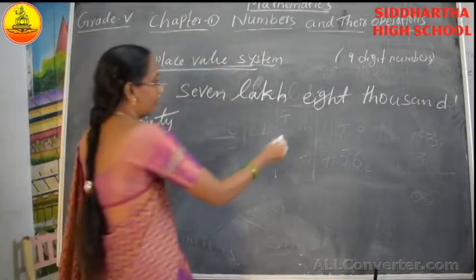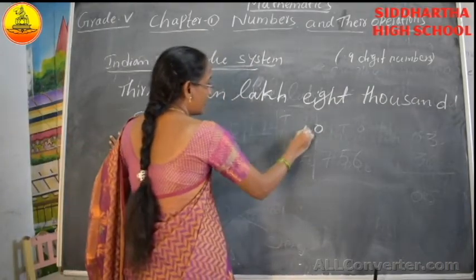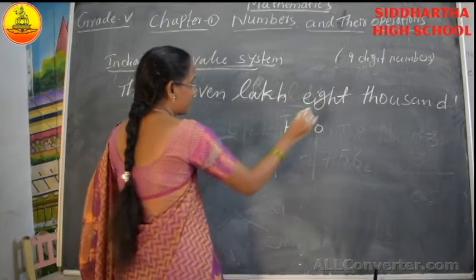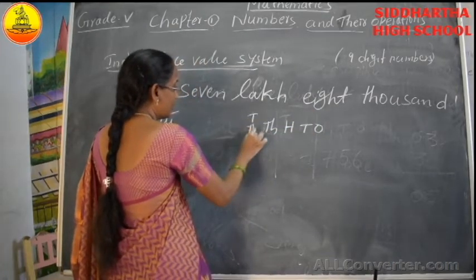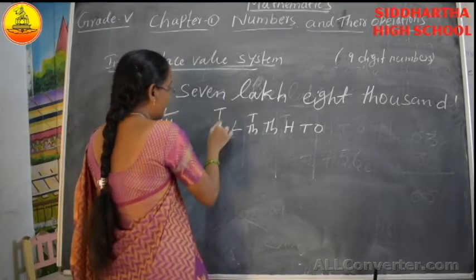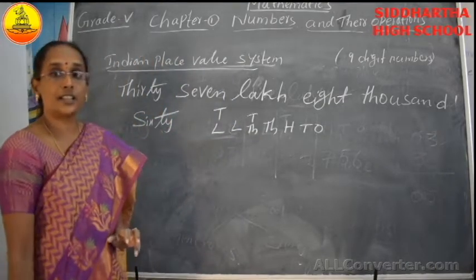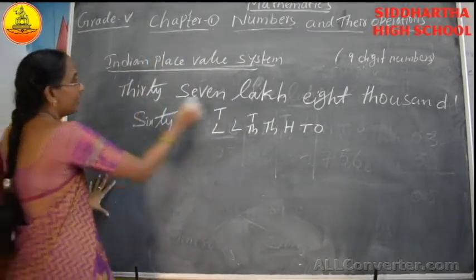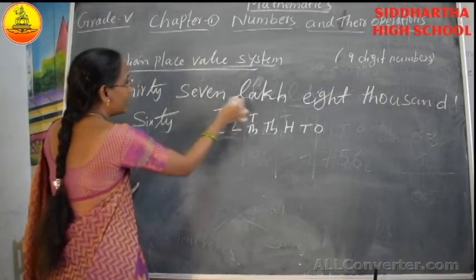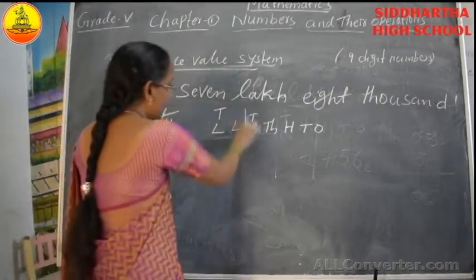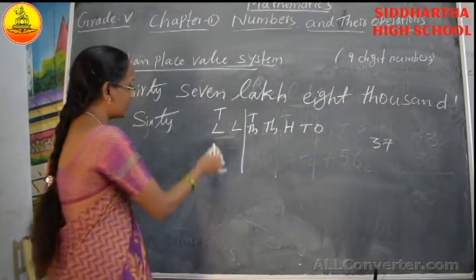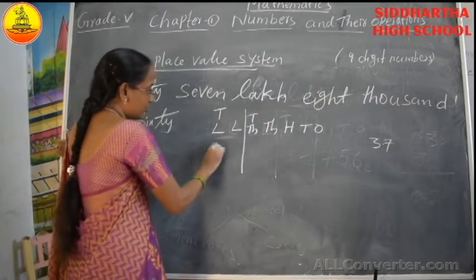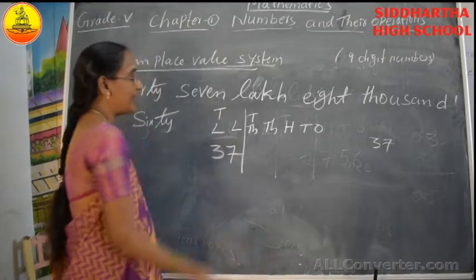So you write from right side to left side up to the lakhs period: ones, tens, hundreds, thousands, 10,000s, lakhs, 10 lakhs. In the lakhs period, 37 means 2 digits, and the lakhs period also has 2 places, so you write 37 lakh.